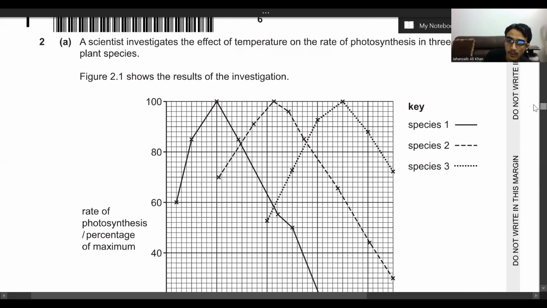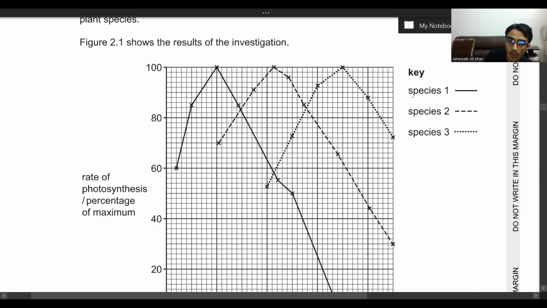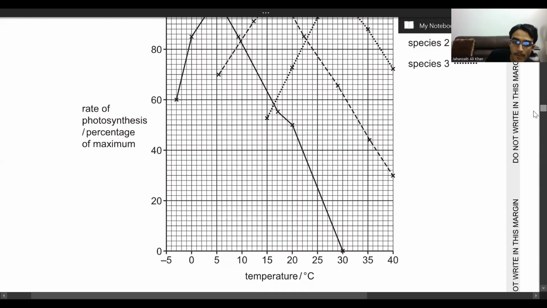Okay, so for species 1, at maximal production, we are producing 15 grams of carbohydrate. And at 0 degrees, we'll be around here.